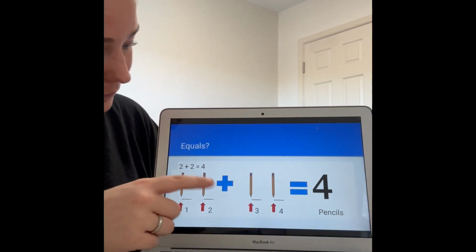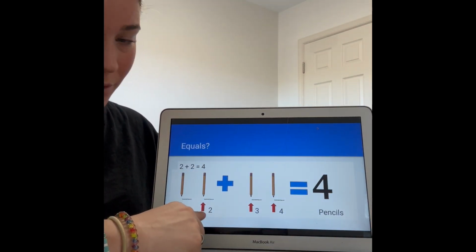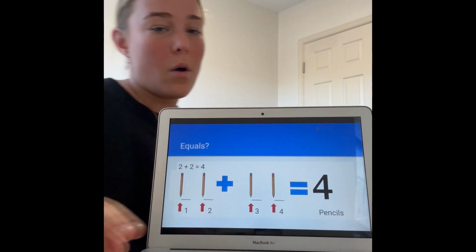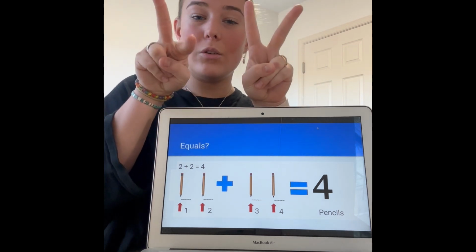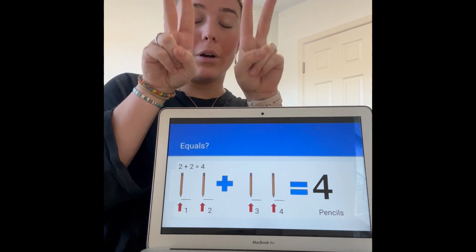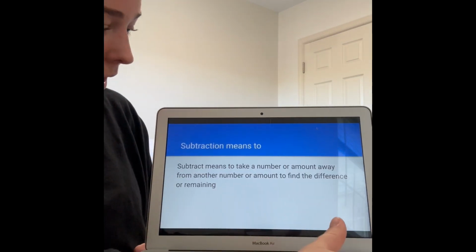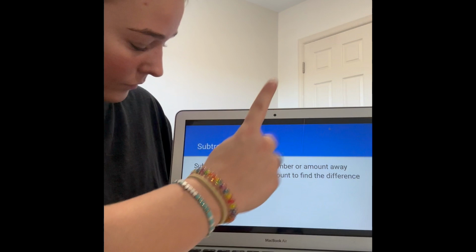So 4 pencils, correct. We have 1, 2, 3, 4 pencils, or you can do 2 and 2 together, and add those 2 together. Good job.